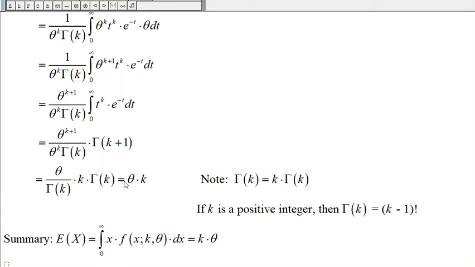And so what's left is just theta times k. And so if the random variable x has a gamma distribution, then the expected value of x, or the mean of x, is k times theta.